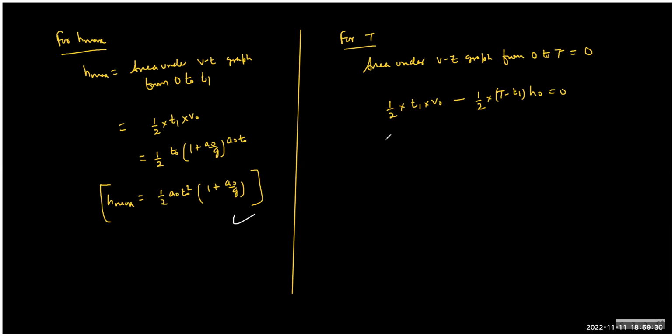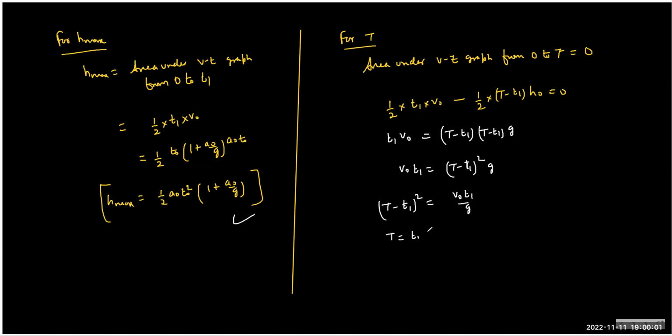So T1 V naught equals to, and H naught was how much? So T minus T1. Yeah, so we'll take this plus value only, not the minus value.